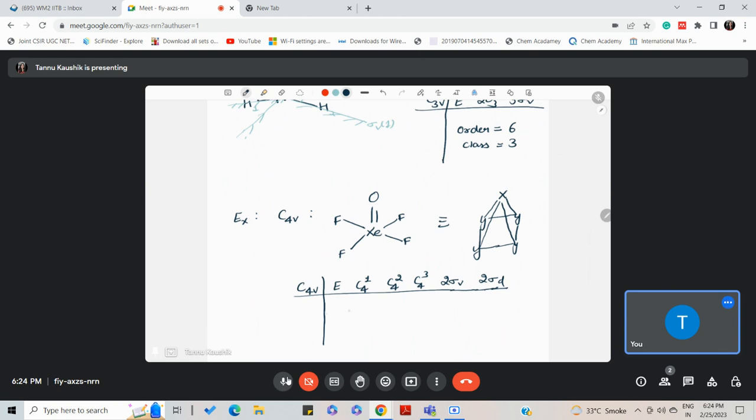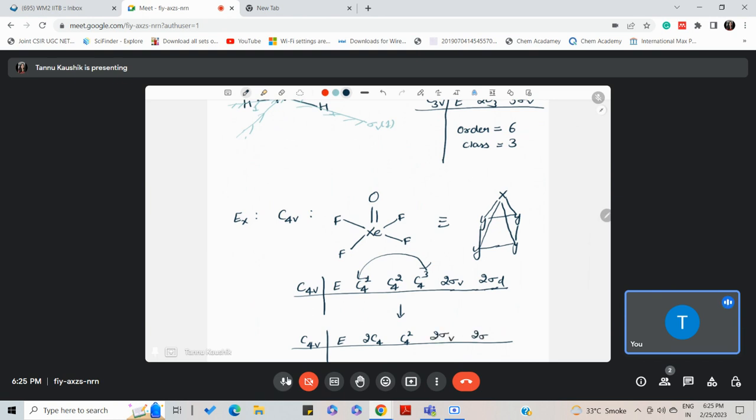Okay, so here if we classify them into classes, it will look like this. C41 and C43 will be in the same class, 2C4, and C4 squared will be in a separate class.